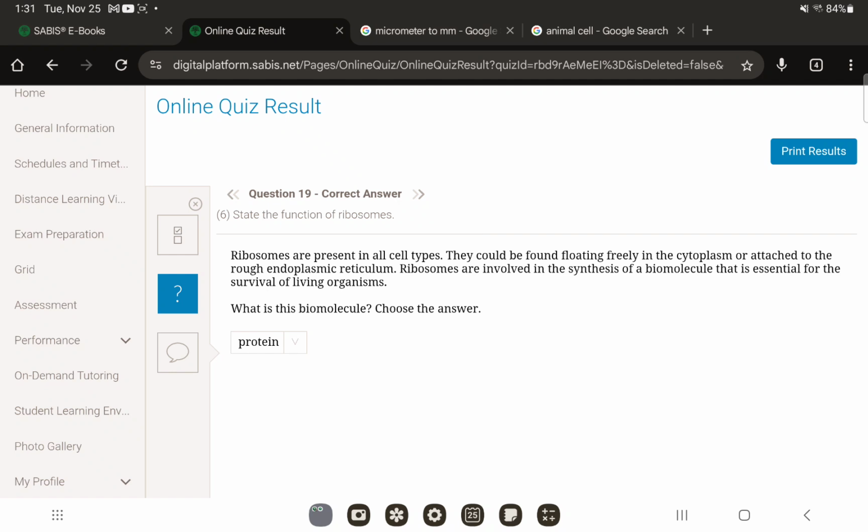The biomolecules that ribosomes synthesize are proteins, which is actually why the rough endoplasmic reticulum synthesizes proteins. It's because ribosomes are attached to the rough endoplasmic reticulum, which is how it synthesizes protein.